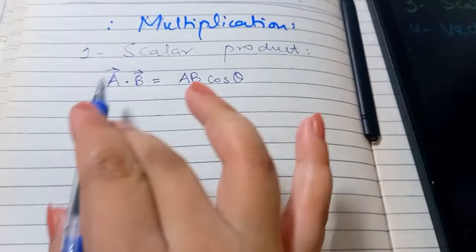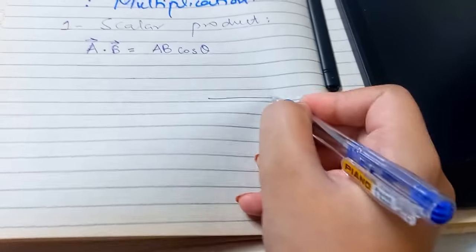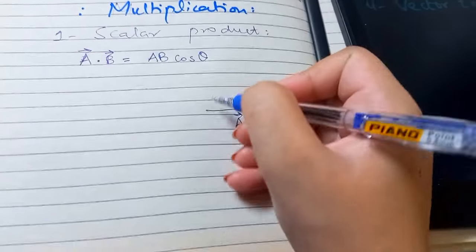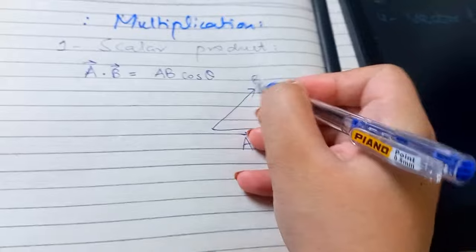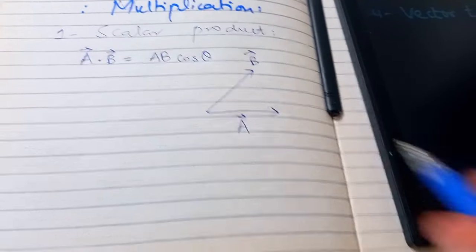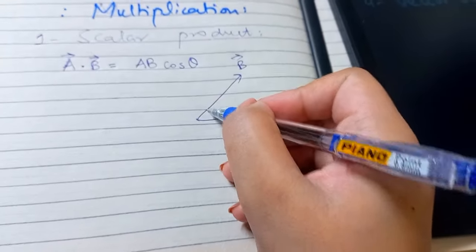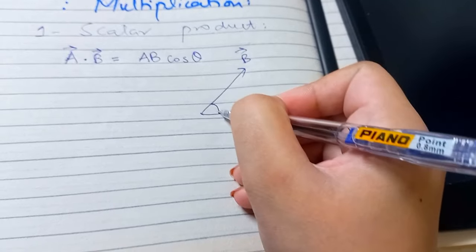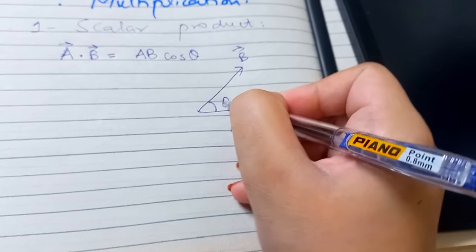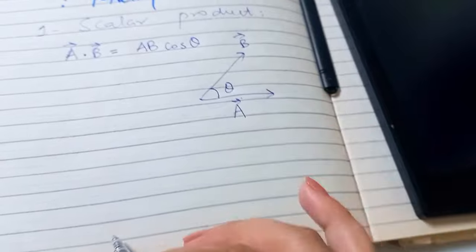Theta is the angle between A and B. For example, we have this vector A geometrically, and this vector B. This is the angle between A and B.